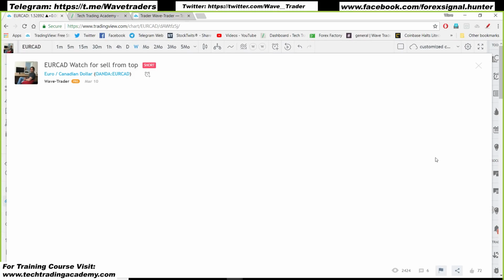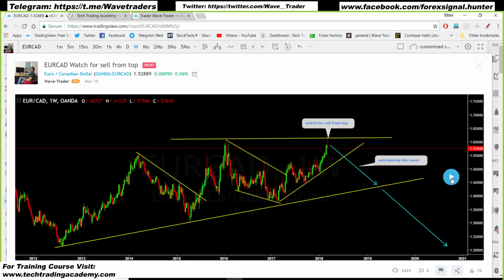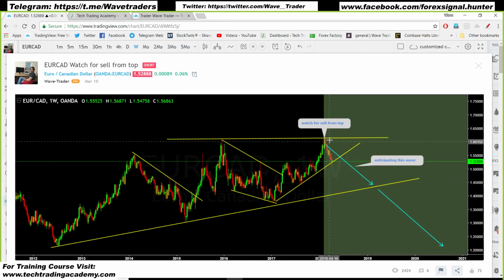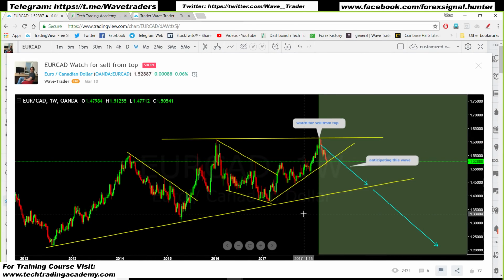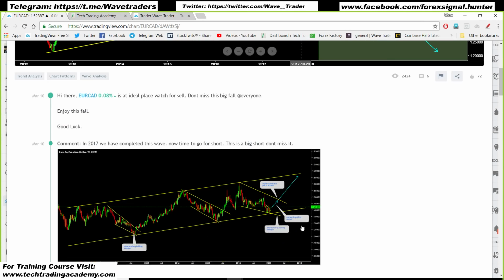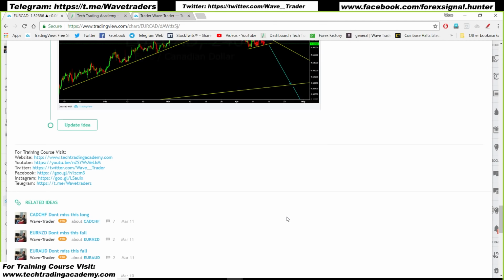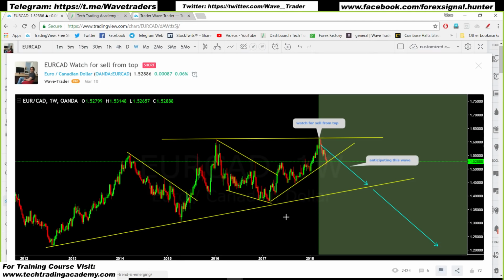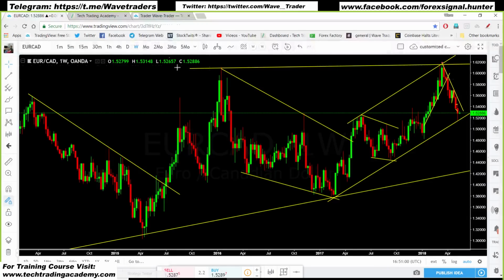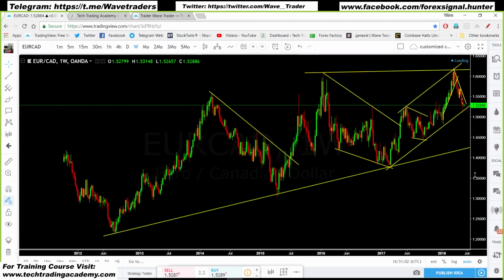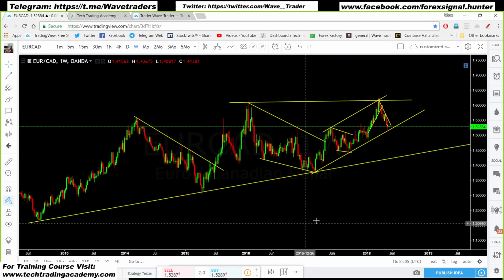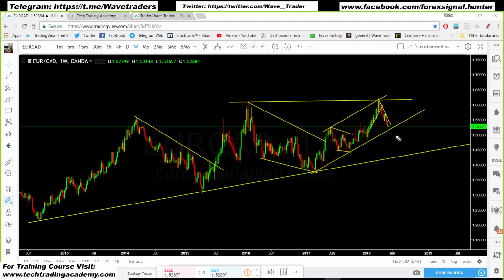Some of my traders and I are still holding trades from top. This is a weekly chart. I'm still holding sell from top on the EuroCAD. There is still a big potential for more downside on the EuroCAD.